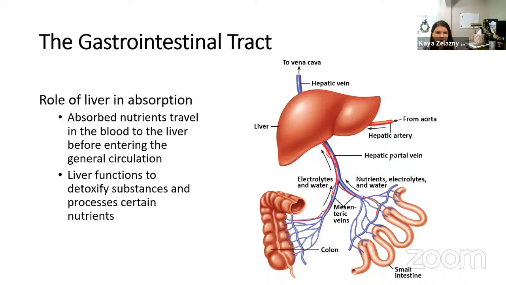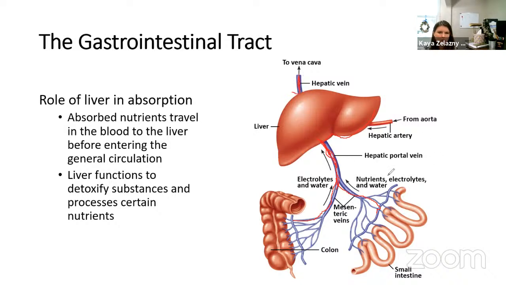They're part of something called a portal system. So we have a hepatic portal system. So all absorbed nutrients have to travel into our hepatic portal vein and into the liver, where the liver functions to detoxify substances. It functions to do a little additional processing for some nutrients before it then allows that blood to continue into the systemic circulation and go into the vena cava.